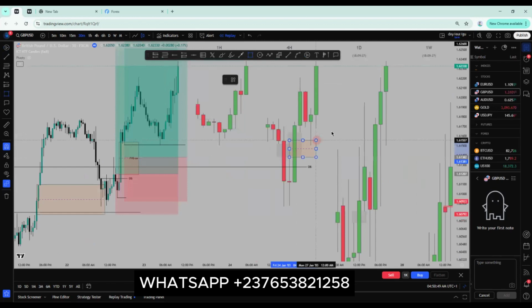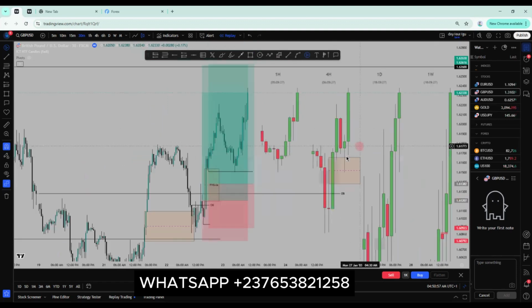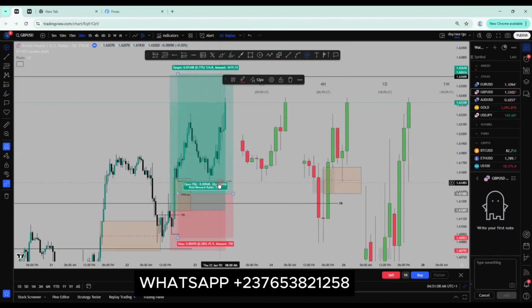I don't think so. All right, so we have price pulling back down to fill the fair value gap on the 4 hour time frame, right? See that movement coming back to fill the 4 hour fair value gap, and then we have a total soap on the lower time frame.